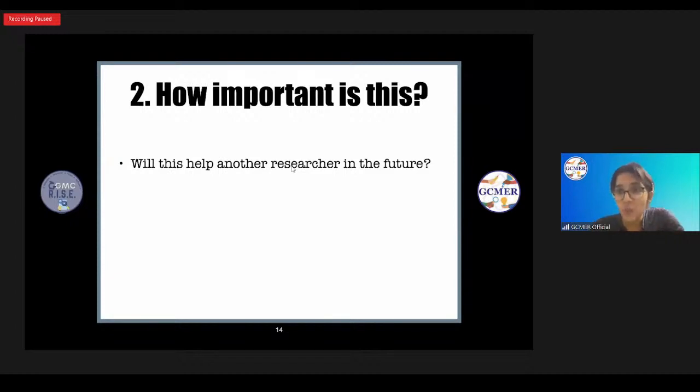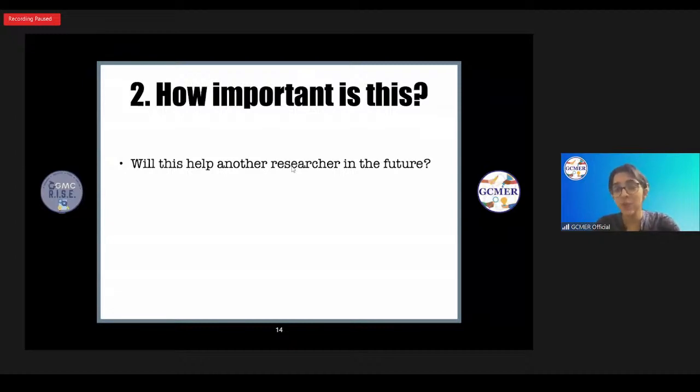I don't know why. According to me, 100% I would have gotten a different result. So do you publish it or do you just scrap it? That's the question, right? Do you publish a negative result or not? And the answer to this lies in the answer to this question: will this help another researcher in the future?